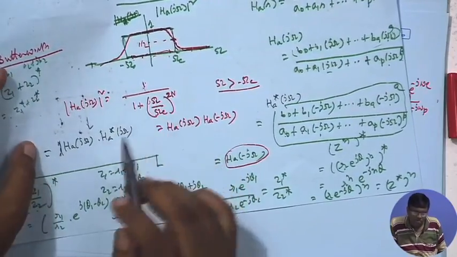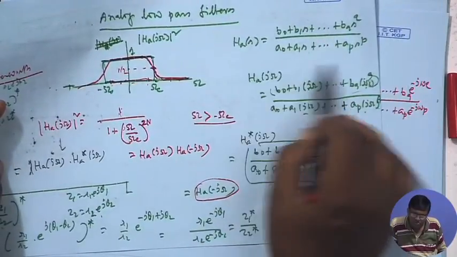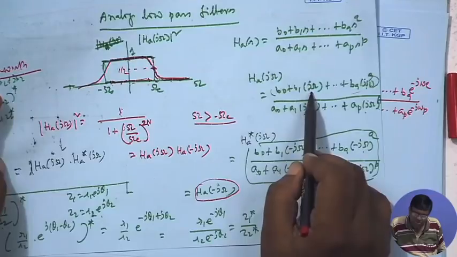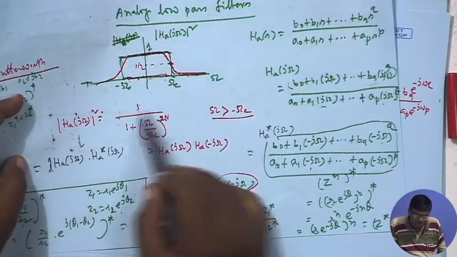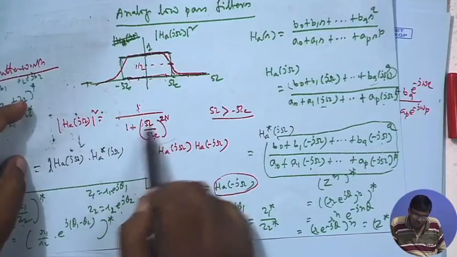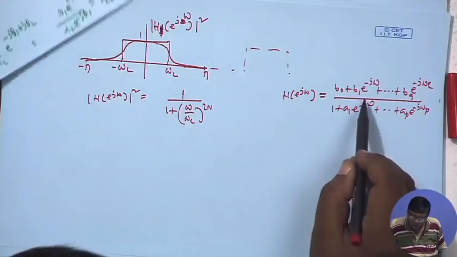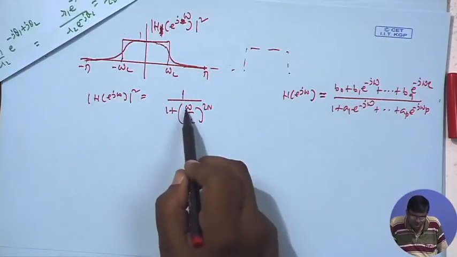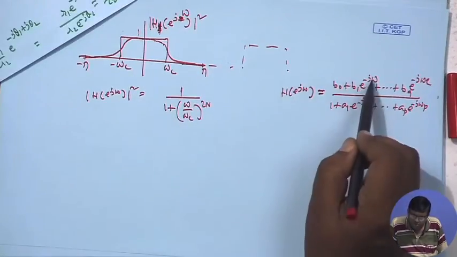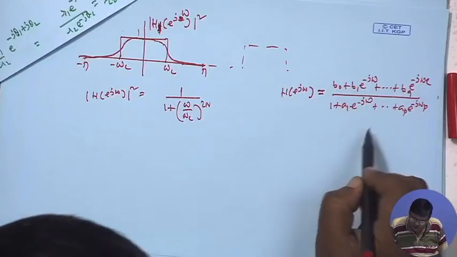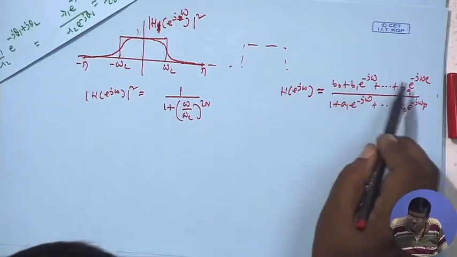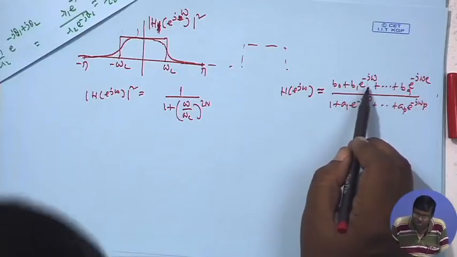The way we did, because we know HA(s) is of this form, HA(j omega) is also of this form. It was a polynomial in s, it is a polynomial in omega, and I approximated it by this omega by omega c. So, it is a polynomial in omega, but in this case I want a polynomial in small omega, because it is Butterworth, but my numerator is not in terms of powers of small omega, it is in terms of powers of e to the power j omega.